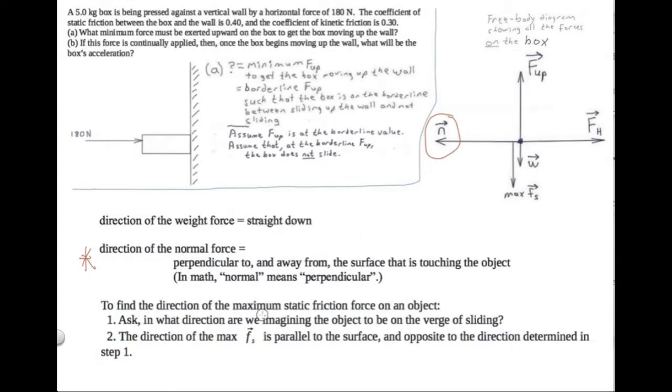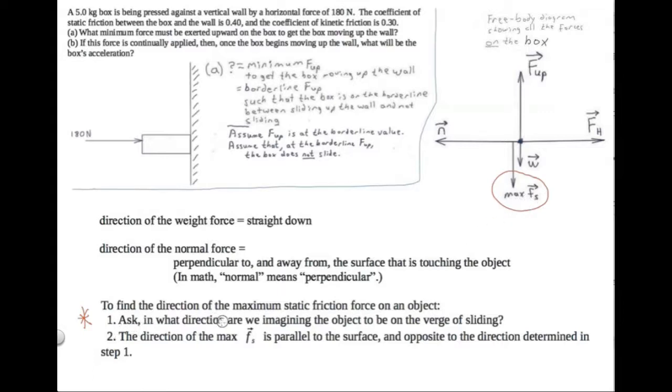We use these rules to determine the directions of some of the forces. For example, the direction of the normal force exerted by the surface of the wall on the box should be perpendicular to and away from the surface of the wall. So that's this direction to the left. We use this rule to find the direction of the maximum static friction force.